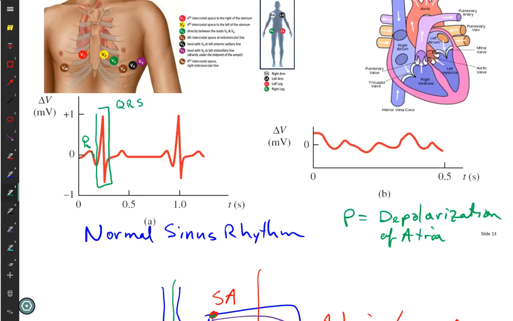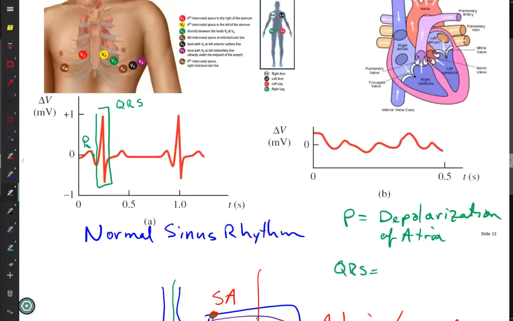So the muscle is resetting. That's the repolarization of the atrium. Part of that is the depolarization of the ventricle doing its pumping. And so QRS complex is repolarization of atria plus depolarization of ventricles.